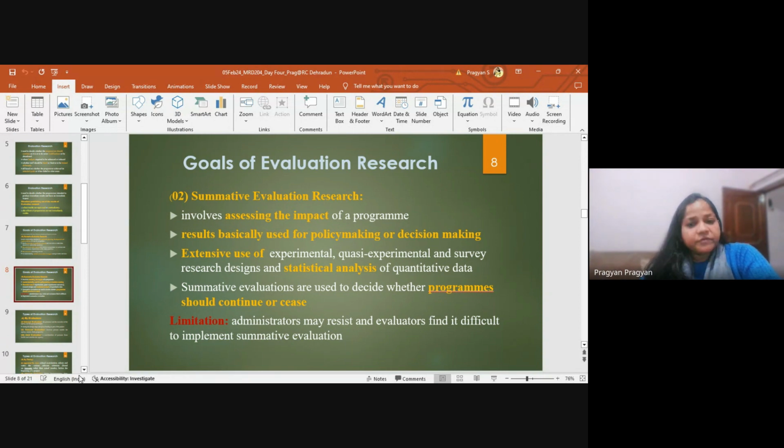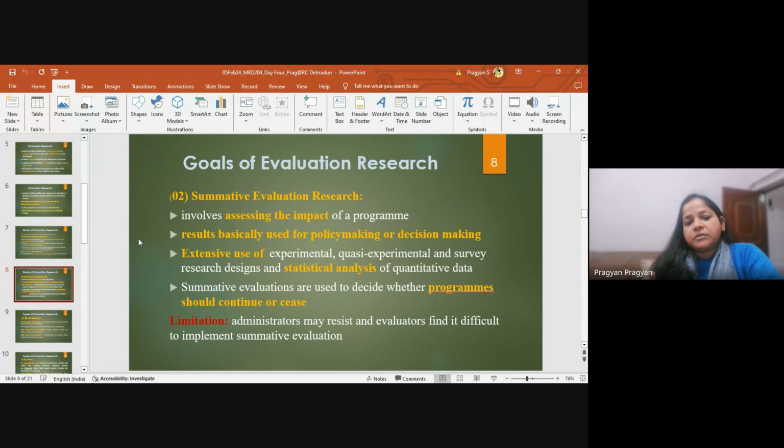But summative evaluation research is all about analyzing, evaluating, and assessing those suitable intervention strategies: whether they are going to be helpful or not, whether they can be short term or long term, whether they can be applied in other areas as well, whether we can continue with those programs or we have to abandon this kind of program.